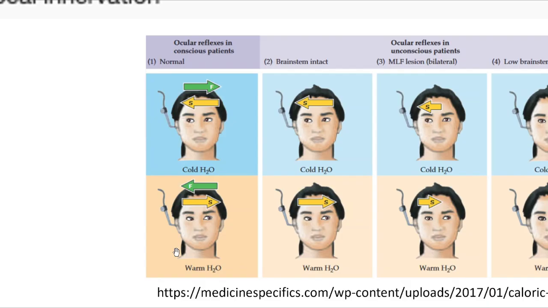The endolymphatic fluid present in the inner ear responds to changes in convection. So if the water that is pumped is warmer, that will cause a different response. If the water that is pumped is colder, that will cause a different response. So the involuntary movements of the eyes will change.